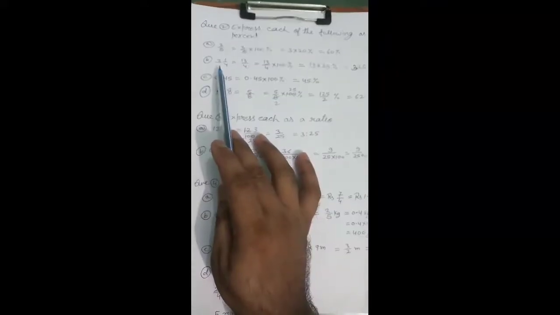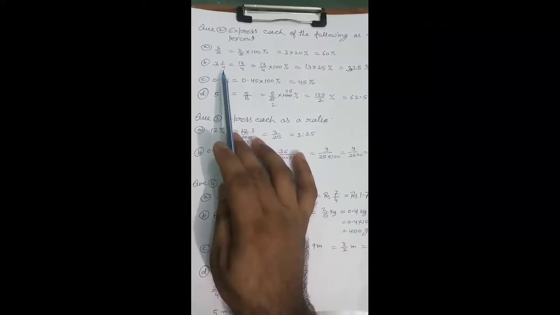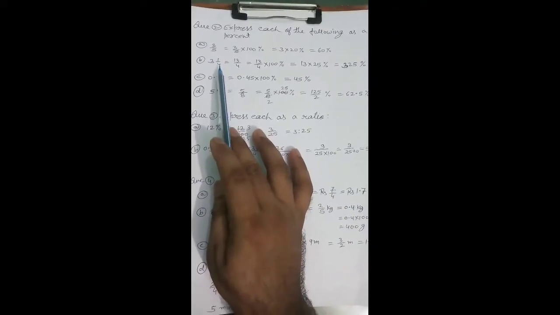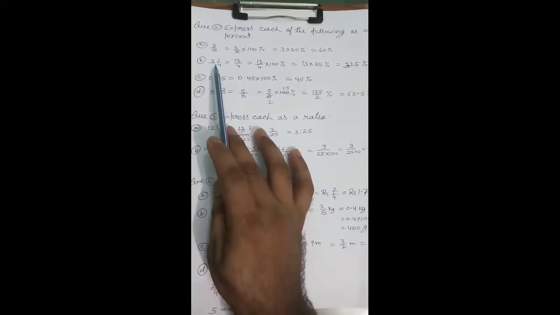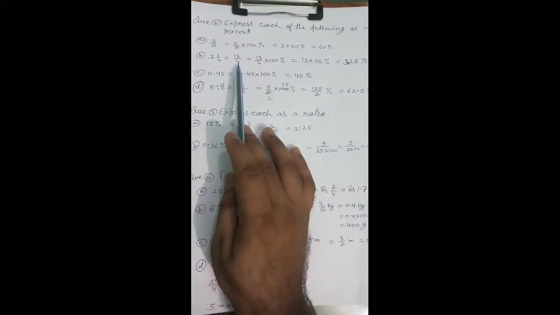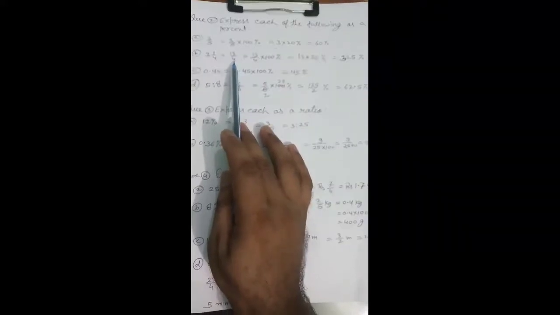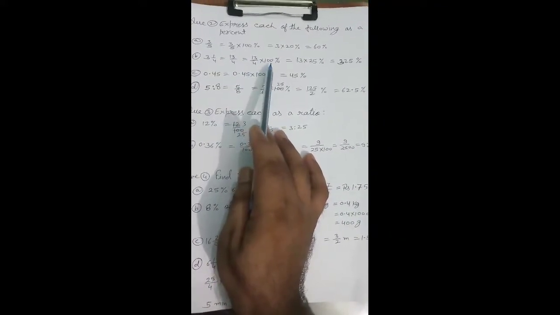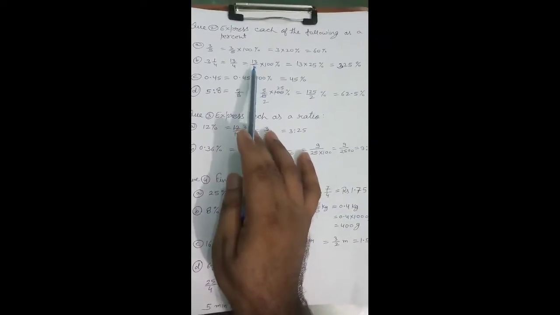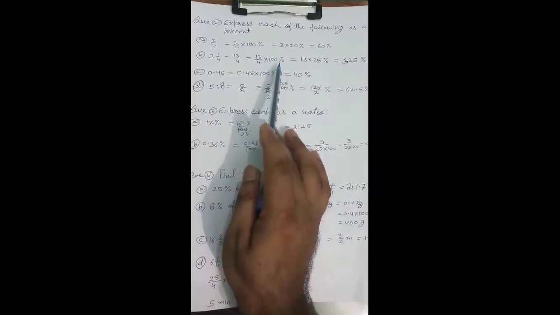Now see another question. 3 into 1 by 4. This is a mixed fraction. So first we will convert it into an improper fraction. 4 into 3, 12. 12 plus 1, 13. 13 by 4. Now 13 by 4 is converted into percentage by multiplying by 100%. 13 by 4 into 100%.